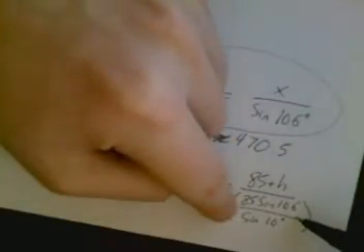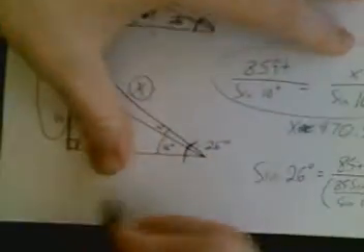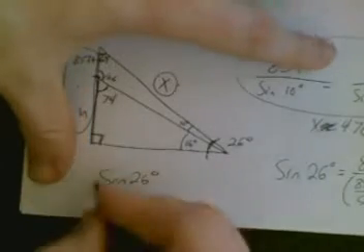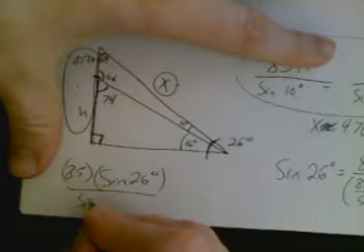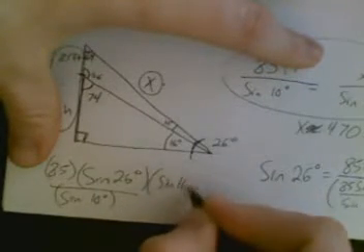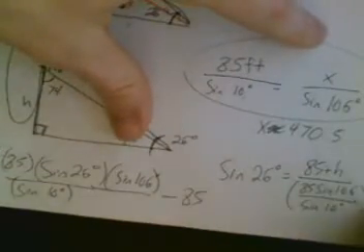I'm going to go ahead and multiply both sides by this thing, and then subtract 85. Okay, so that's going to give me the sine of 26 degrees times 85 times 1 over sine of 10 degrees times the sine of 106 degrees. This thing minus 85 is supposed to be equal to h.